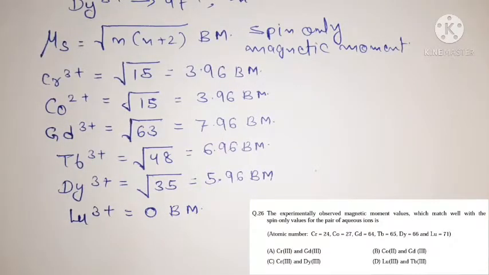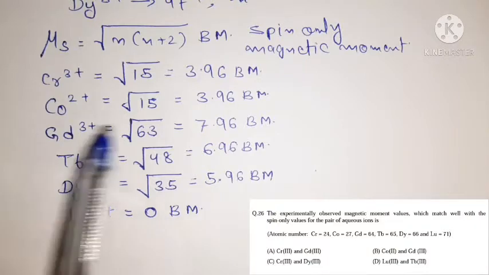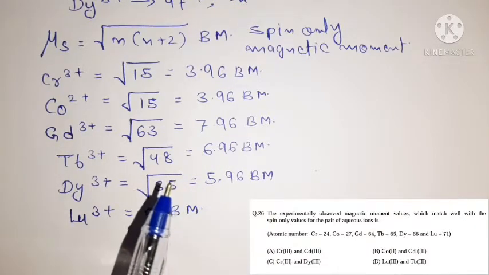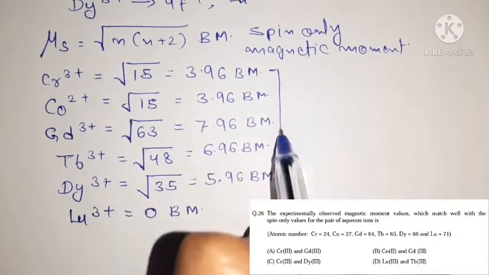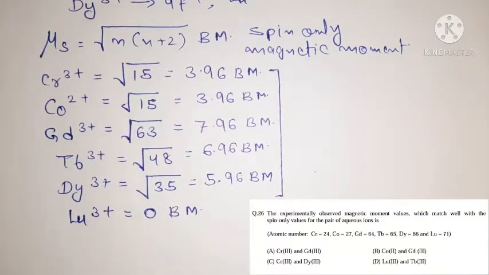Okay, now friends, in this question we must find for which metal atoms the spin only magnetic moment value matches with the experimentally observed magnetic moment values. This is the spin only magnetic moment value, friends. But we know very well that in some cases we also consider a contribution of orbital angular momentum.